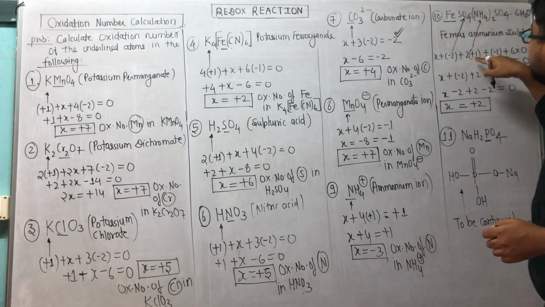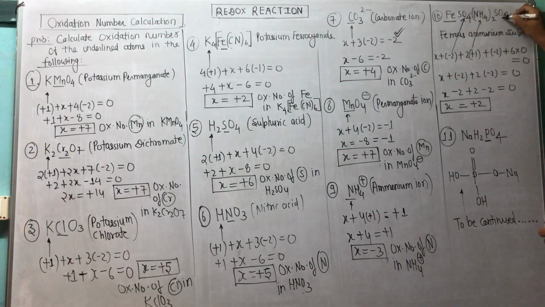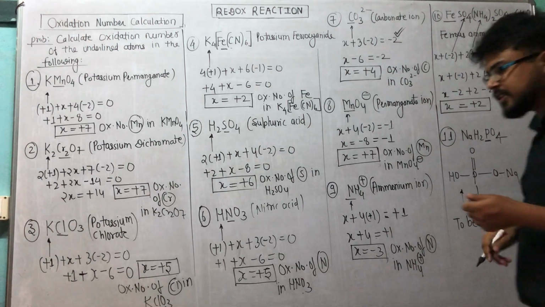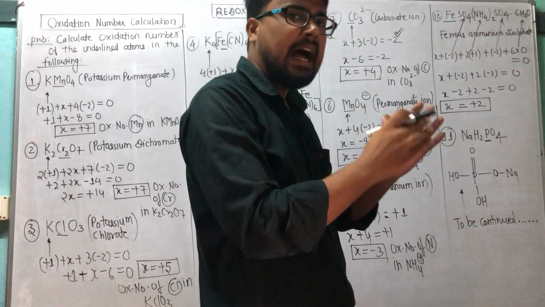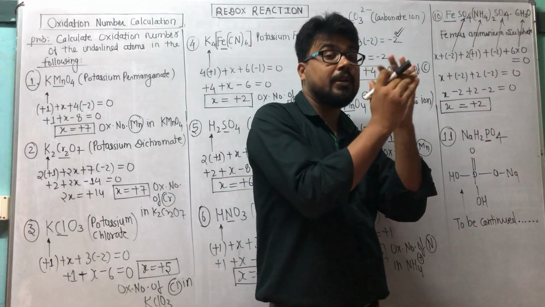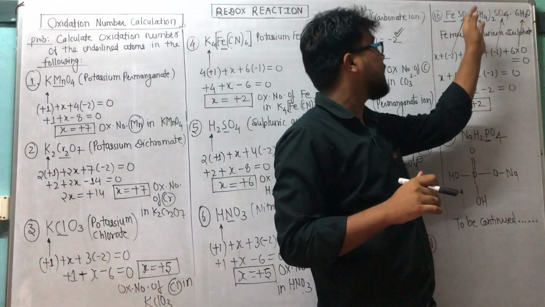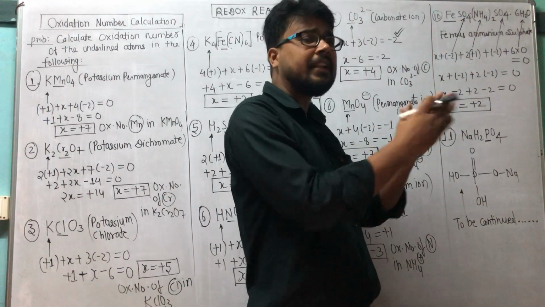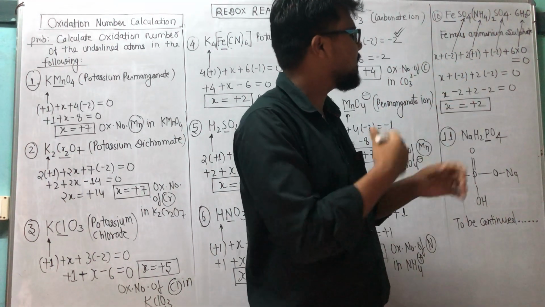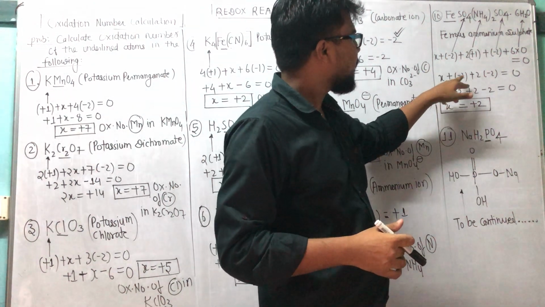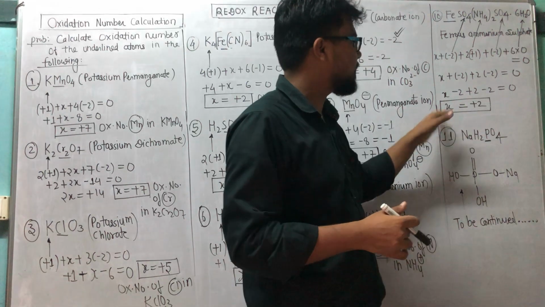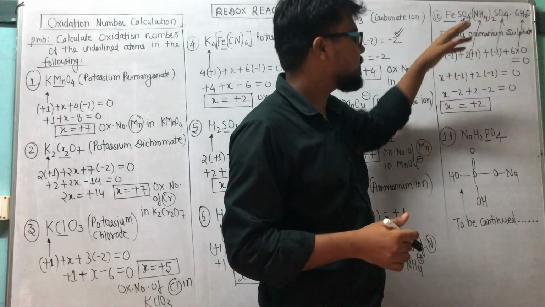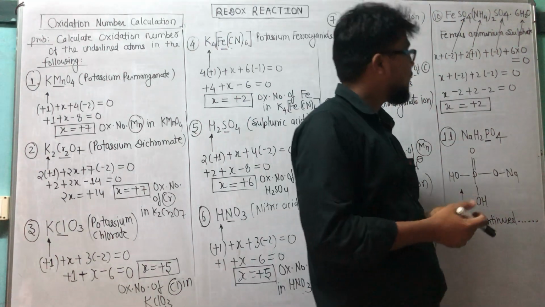See, and 2 I multiplied because 2 number, sulfate is again minus 2, and 0 for water because water is a molecule, it is neutral, so it will be 0 charge. So I just took collectively, not separately, in a complex case, not in general, correct? So X minus 2 plus 2 minus 2 equal to 0, X will be plus 2. This is oxidation number of Fe in ferrous ammonium sulfate.